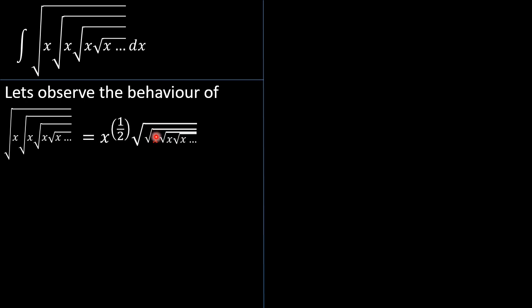In such a case we are going to have the first square root, which is 1/2, then the second square root, which is 1/2. So 1/2 times 1/2 gives us 1/4. So we can have this x to the power 1/2 here, then this other x can come outside as x to the power 1/4. So we are going to have x to the power 1/2 times x to the power 1/4.